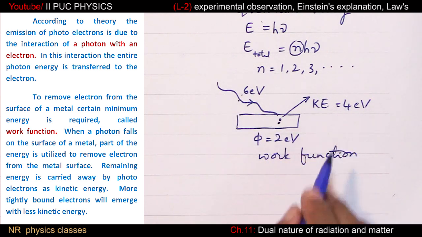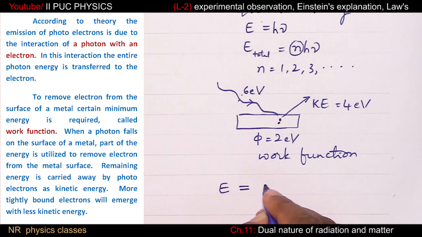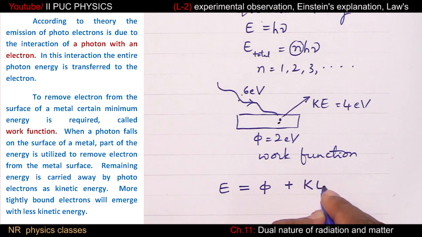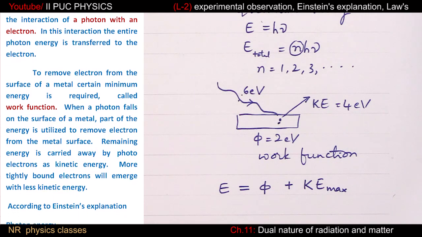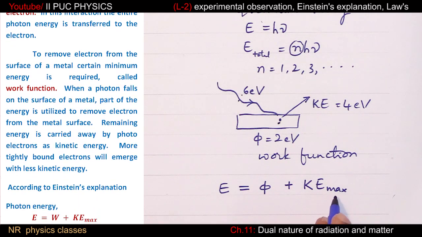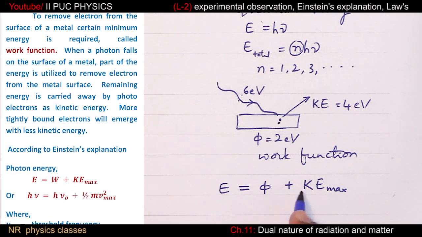So using this, he gave E, the energy of the incident photon, equal to work function plus maximum kinetic energy. I will explain this maximum later. For the time being, maximum kinetic energy of photoelectrons.